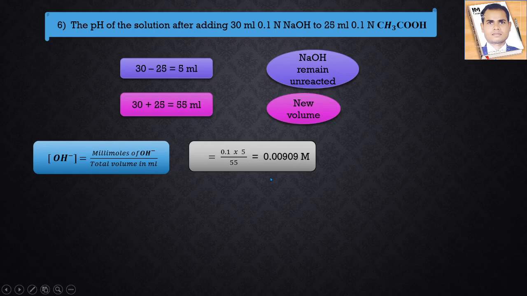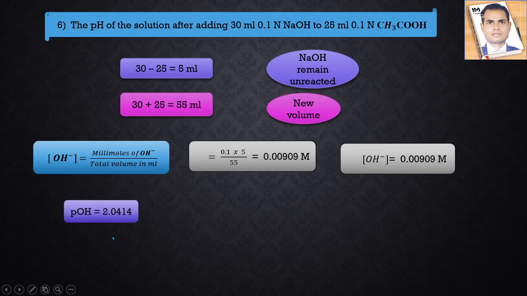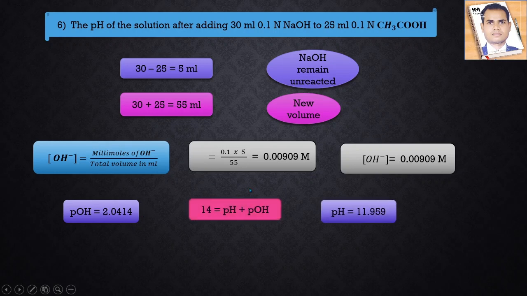That is the concentration of OH minus ions, and this value you can put into the pOH formula. You will get pOH 2.0414. For the calculation of the pH, we use this formula, and after rearranging you will get that much pH. This is for the last stage, that is 11.959.